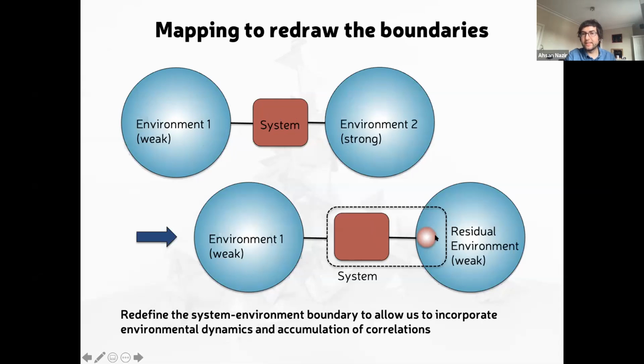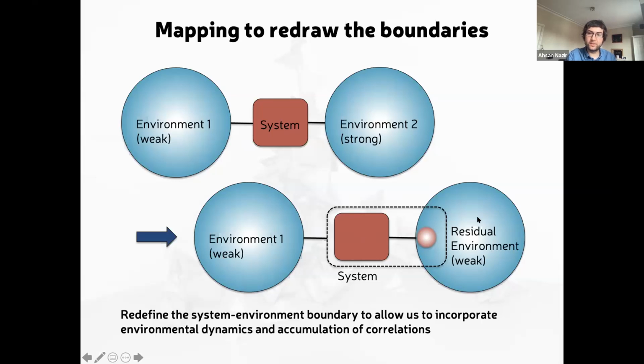include a collective mode, so some collective degree of freedom of the environment that the system is strongly coupled to. And then after that collective mode mapping has been performed, we're going to assume that the residual environment that's left over is now only weakly coupled to this enlarged augmented system.